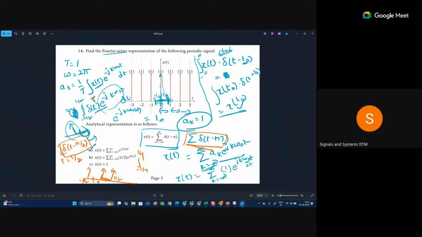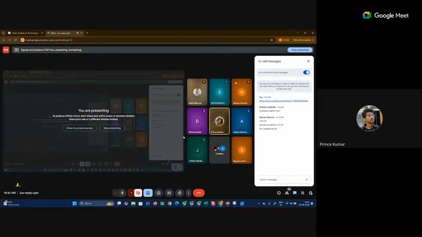Hello, am I audible? Yes, you are audible. Mathematically we can take it 0 to 1, right? Mathematically, we can take 0 to 1, but why I am not considering it in this case is that they are both at the discontinuity point, no?